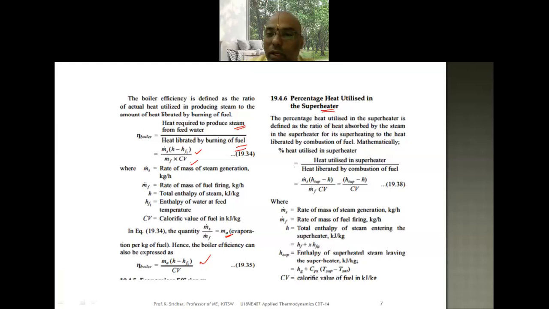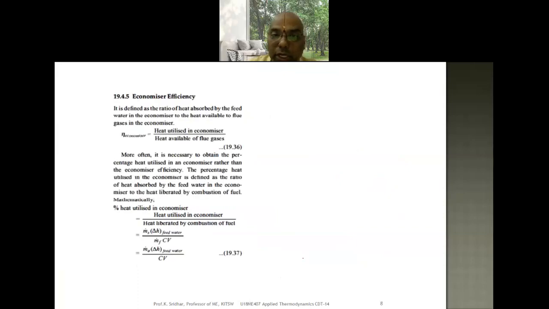So in the numerator we have heat utilized in the superheater divided by heat liberated by the combustion of the fuel. The formula will become H superheated minus H by CV. How to calculate the H superheated I already discussed: it is the dry saturated enthalpy plus CPV into T superheated minus T saturated.